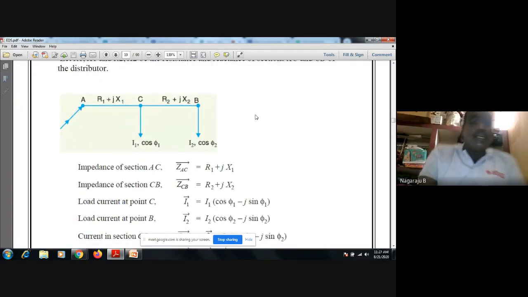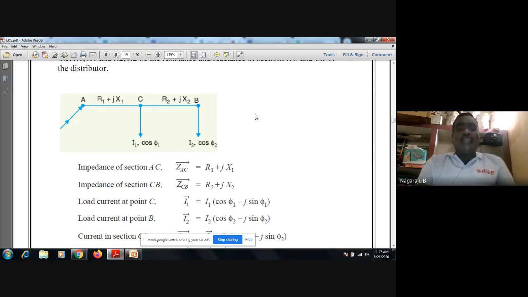Load current at C point is a vector value: I1 bar is equal to I1 cos phi 1 minus j I1 sin phi 1, taking I1 as common, I1 into cos phi 1 minus j sin phi 1, because the C feeding point has phi 1 amount of power factor.